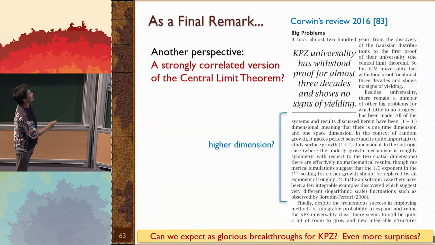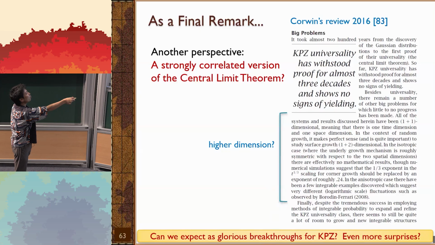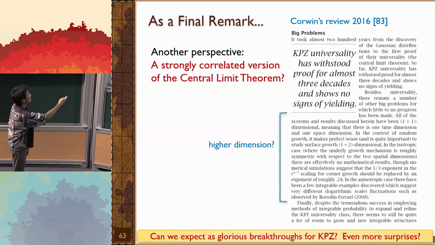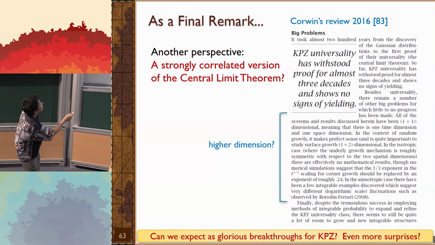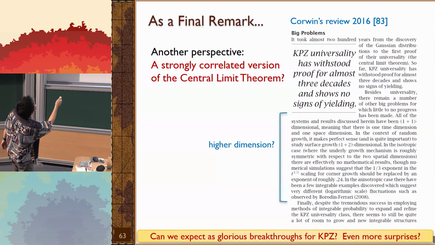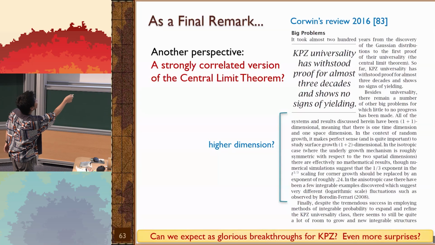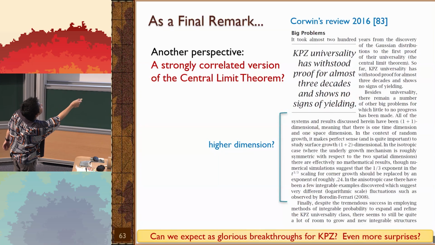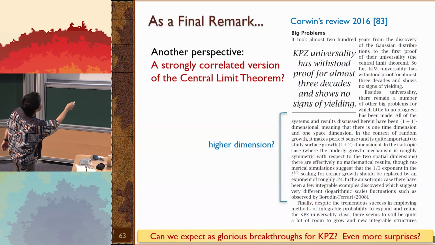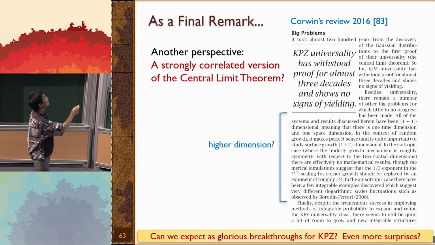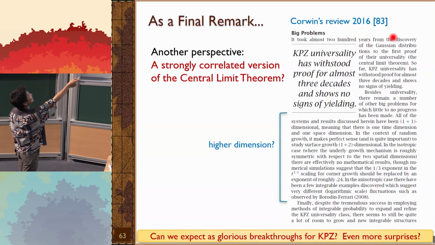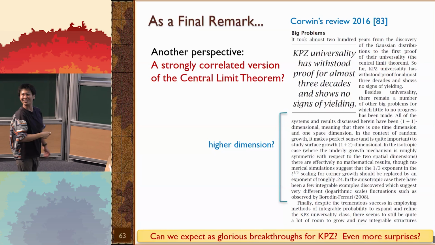He described many open problems. It's really interesting to read. He said it took some 200 years, from the discovery of the Gaussian distribution to the first proof of the central limit theorem.